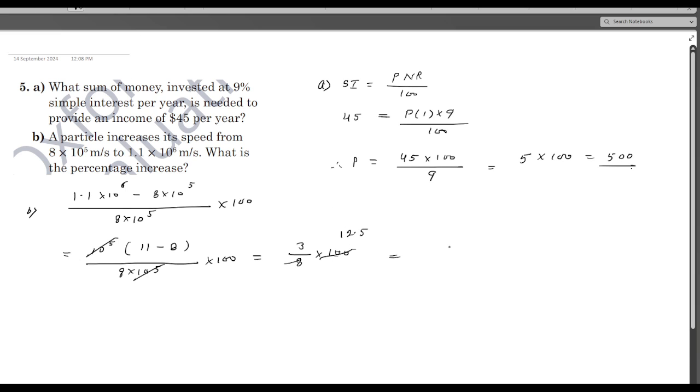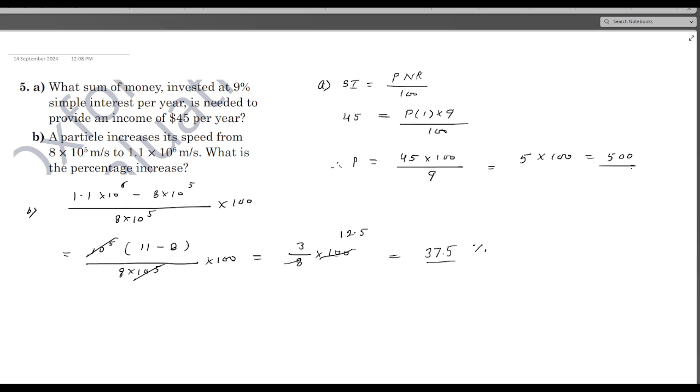Now 12.5 times 3: 3 5s are 15, 1 3 is 3 plus 1 is... so it is 37.5. So if the particle increases its speed from 8 into 10 power 5 meter per second to 1.1 into 10 power 6 meter per second, then there is an increase of 37.5% in the speed.